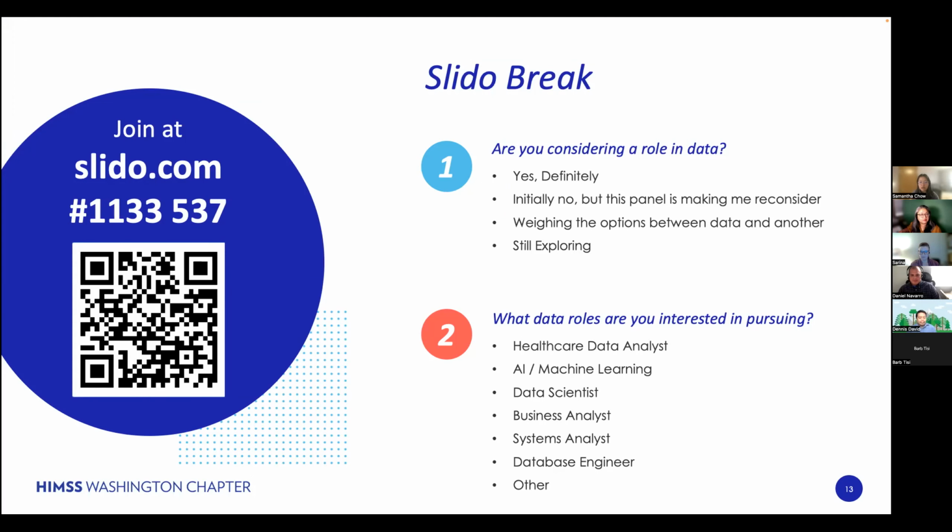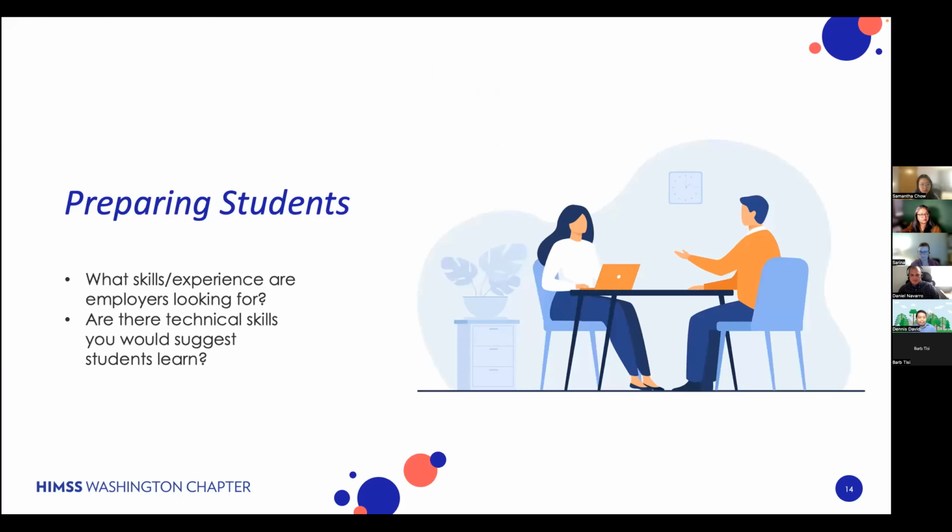So maybe, for example, the first one is preparing students. What kind of skills or experience are employers currently looking for in a resume or student background that they would suggest having students look into in terms of maybe qualifications or technical skills. So if Daniel would mind starting us off with this question.